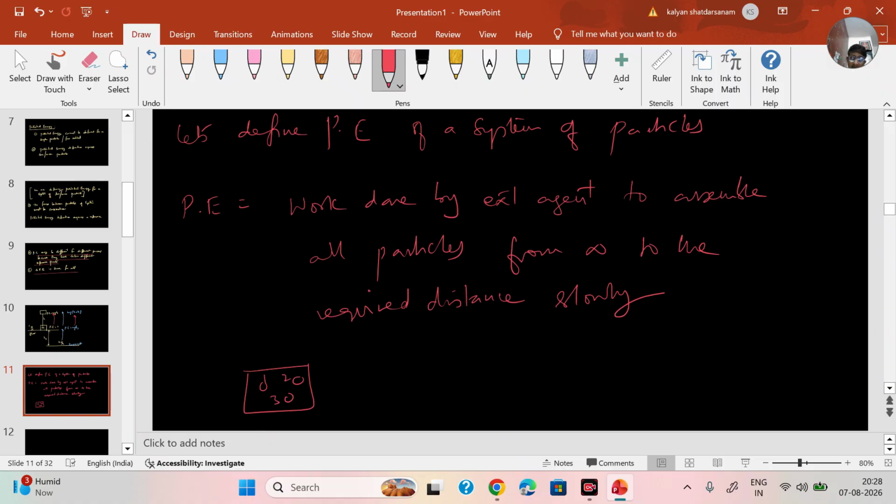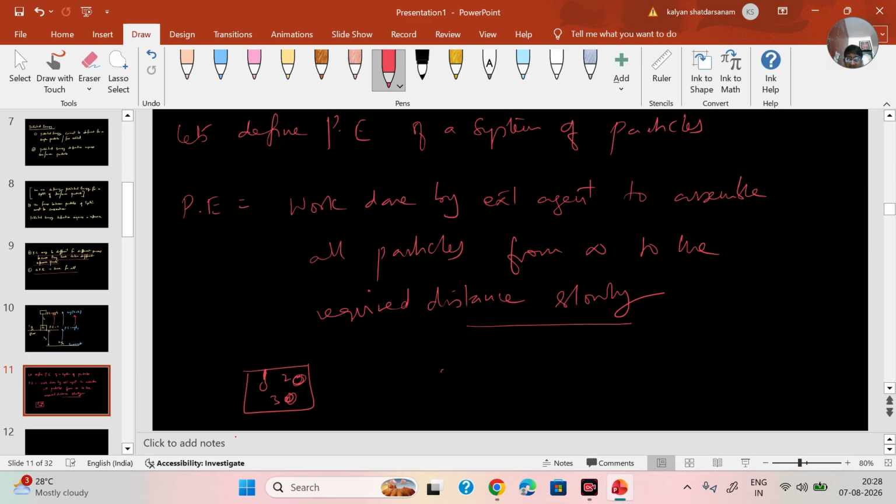First you brought particle 1 from infinity and kept it here. For that you don't need to do any work. Then you bring particle 2. When you are bringing particle 2, particle 1 will exert some force. So you need to do some work to bring it slowly. You are always bringing it slowly. Then you bring particle 3 also very slowly. And in this process, whatever work you have done becomes the potential energy of the system.